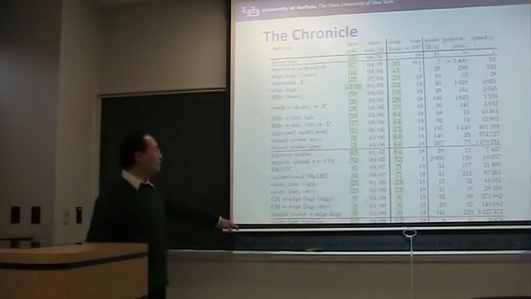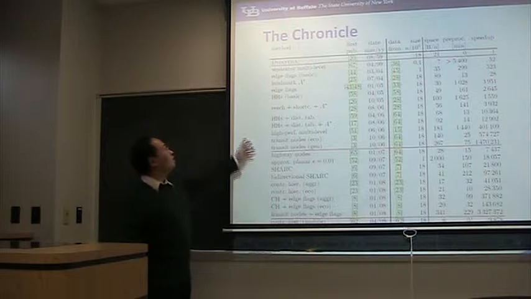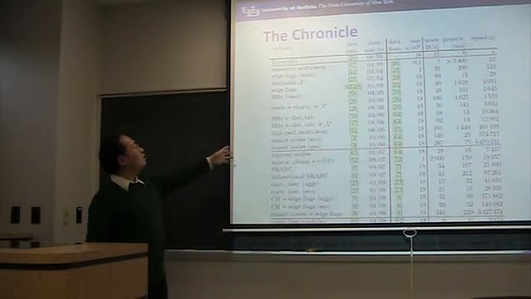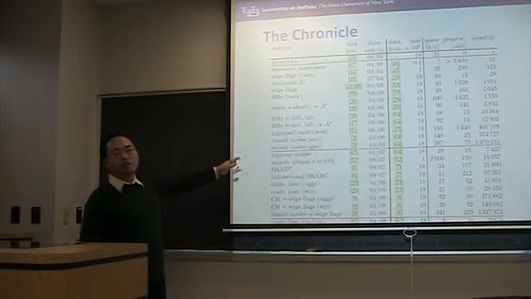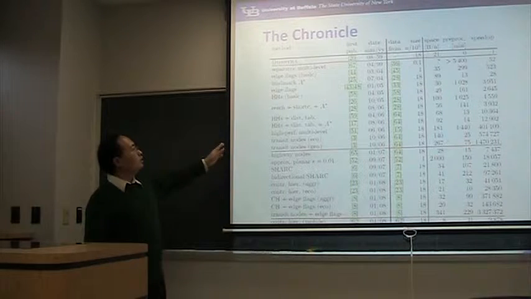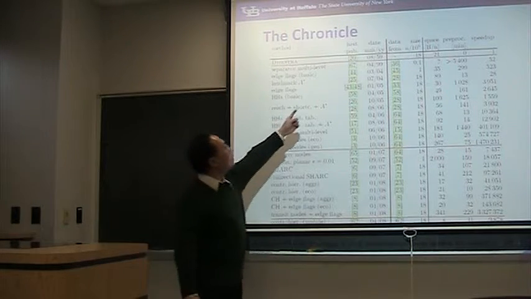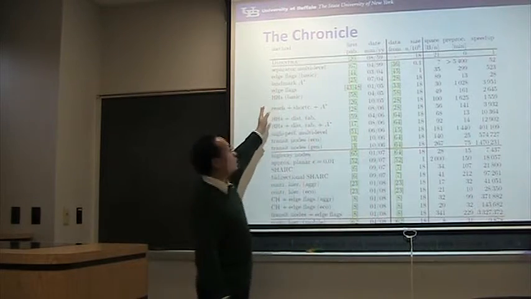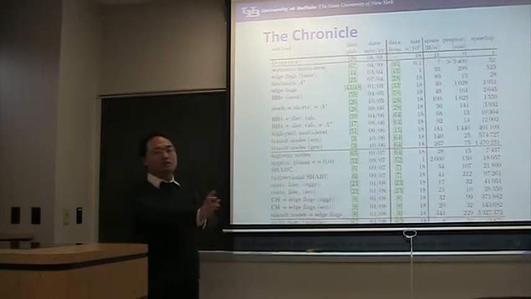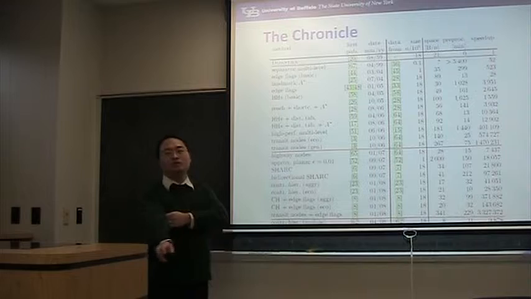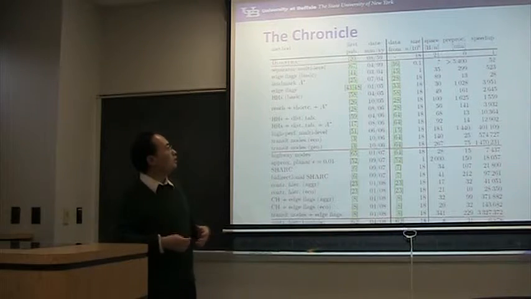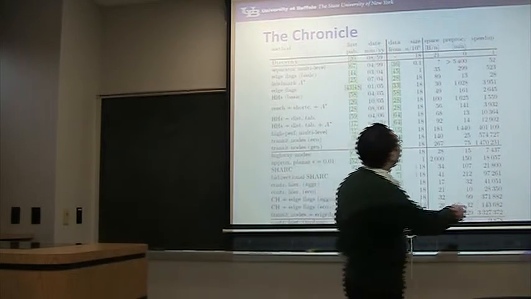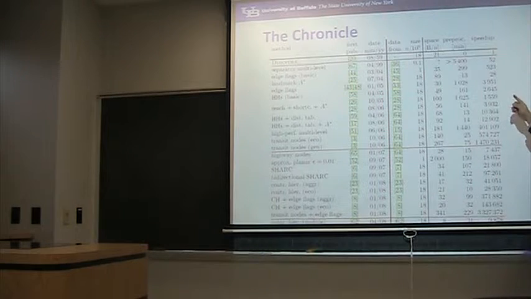So in another paper, the author listed the chronicle of shortest path. As early as 1959, Dijkstra proposed the first shortest path algorithm that we are using until today. Pre-processing time is 0 and the speed up is 1.